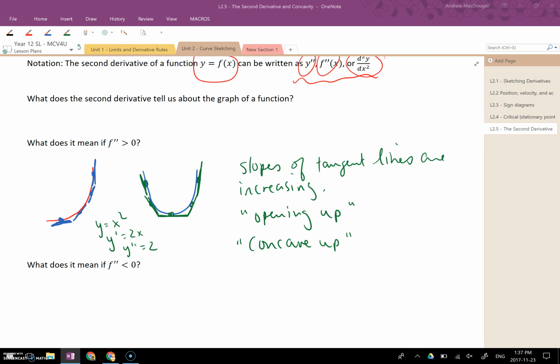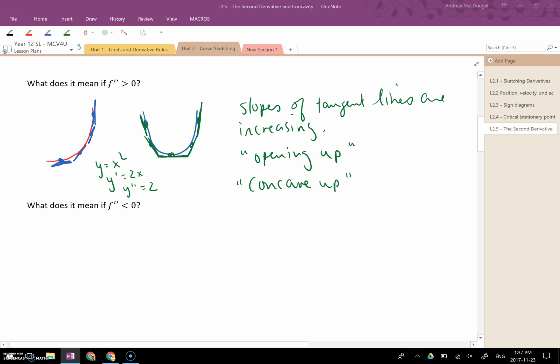And as we know, y equals x squared does open up everywhere. Now, if f double prime is less than 0, we get pretty much what you would expect: instead of the slopes of the tangent lines increasing, the slopes are actually decreasing. So maybe it looks something like this, where we start off with really positive slopes, and then we gradually flatten out.